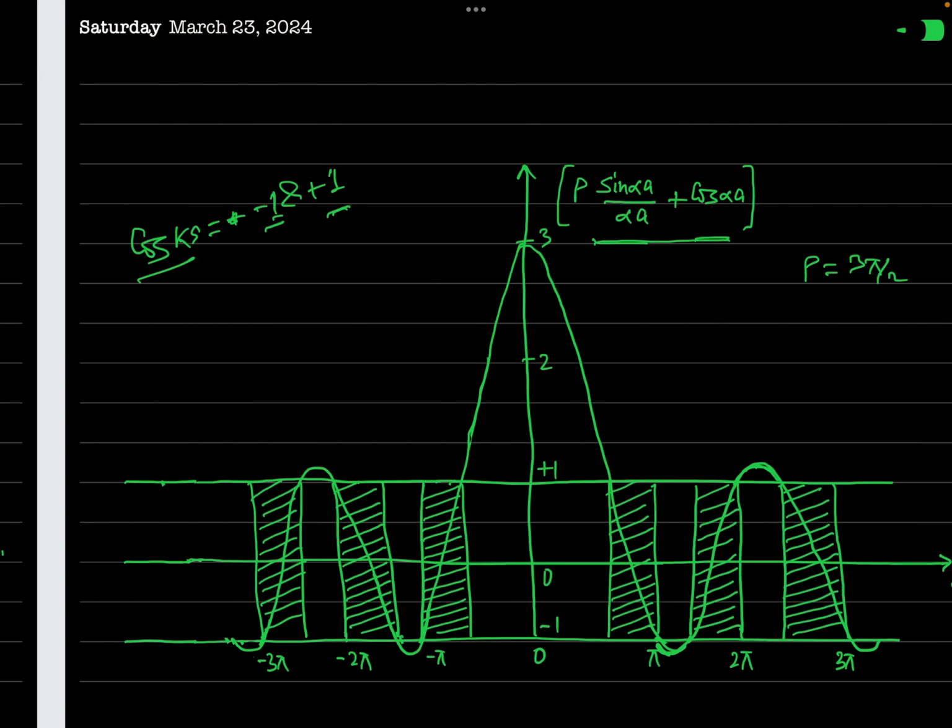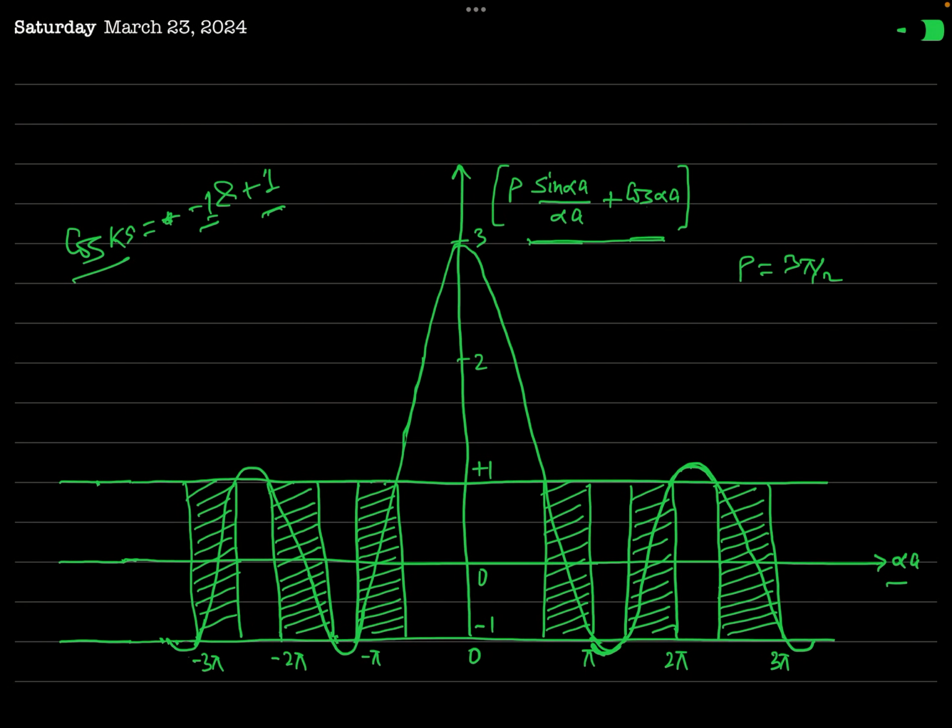This is the condition which must be satisfied for a solution of the wave equation to exist. And since cos Ka lies between -1 and +1, the left hand side should assume only those values of alpha A for which its value lies between -1 and +1. Such values of alpha A therefore represent the wave-like solution, and wave-like solution means a solution like the Bloch function.